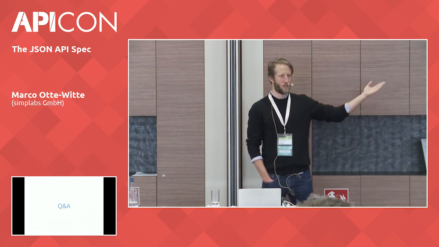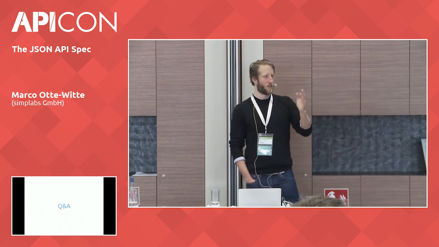I don't think JSON API defines what these URLs have to look like. I think you're free to choose, but usually you would be doing something like we had on the slide, like GET /articles for getting all, and then GET /articles/5 for getting the one with ID 5. And then as long as the request and response bodies look as defined in the spec, you would have a valid JSON API implementation.